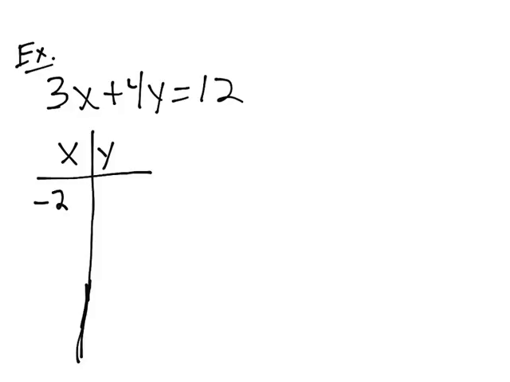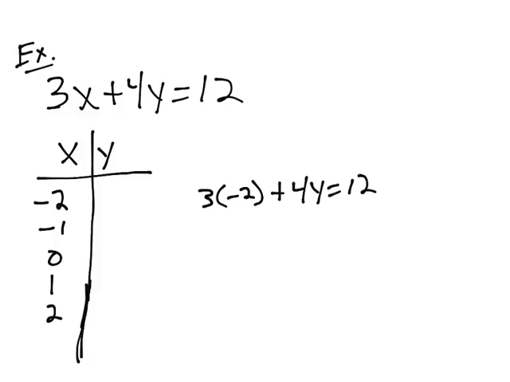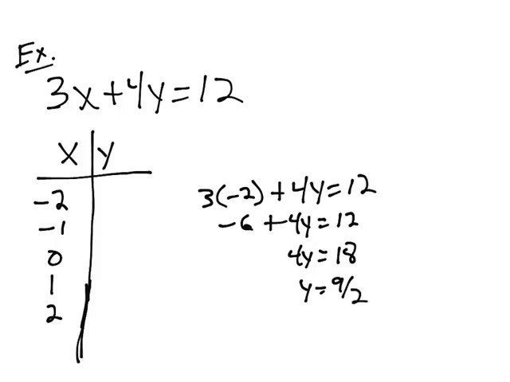Typically I'm going to pick values right around 0, like from -2 to 2. So I plug in x equals -2. Then I get -6 plus 4y equals 12, so 4y equals 18, so y would be 9/2.